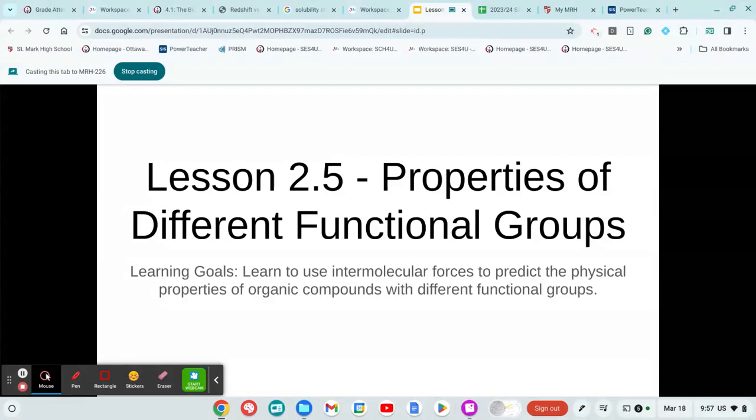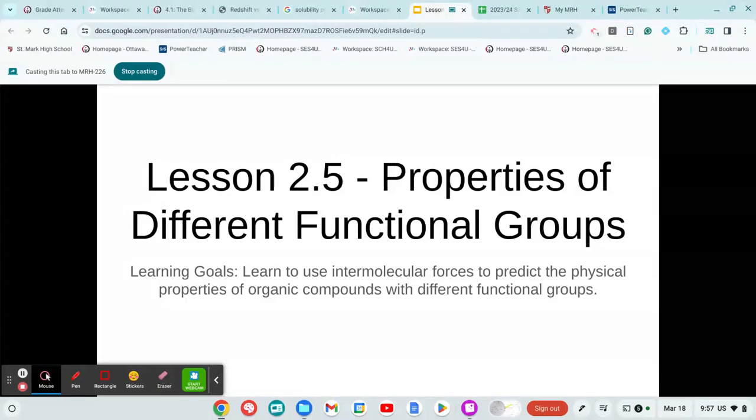The negative chunk on one molecule will be attracted to the positive chunk on another molecule, holding those molecules a little bit tighter together than they would be if those forces didn't exist.